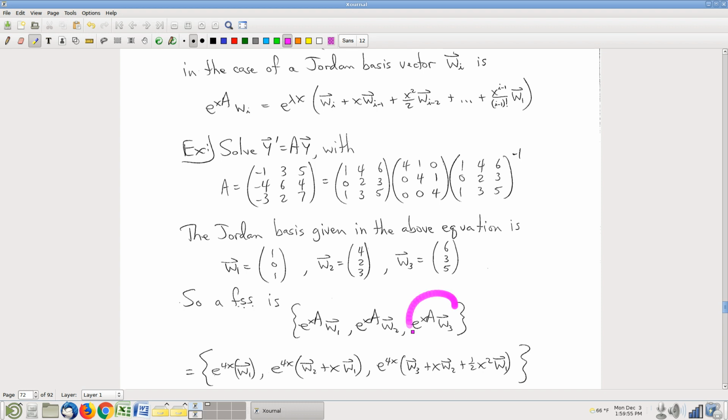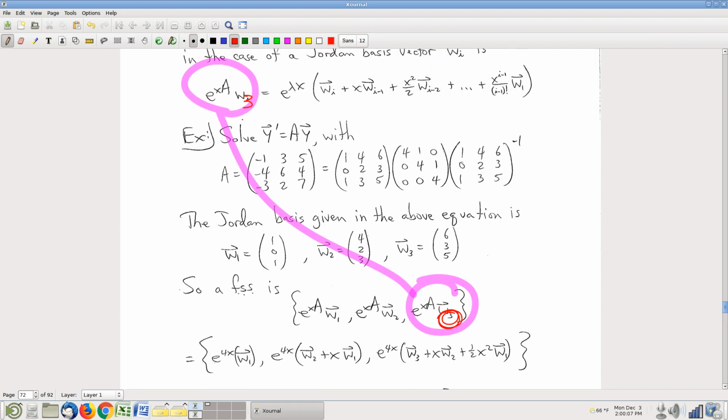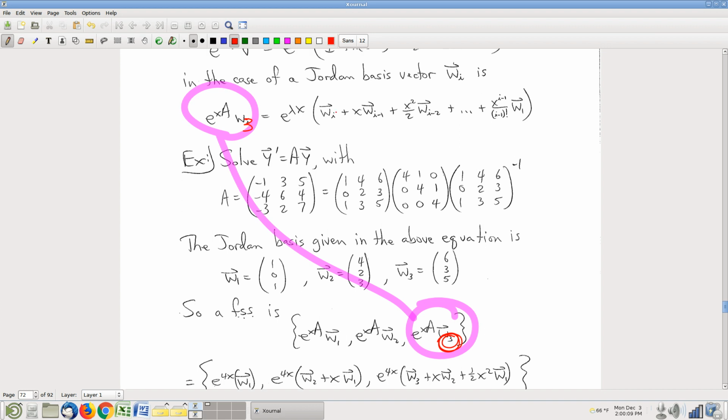This is the most interesting one. e to the xA times W3. Sorry, that's a 3. So that's a 3. That's a 2. That's a 1. All the rest of this disappears. So we're back to the beginning, as it were.